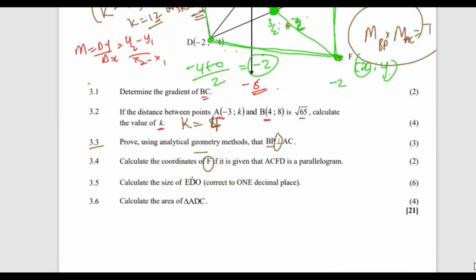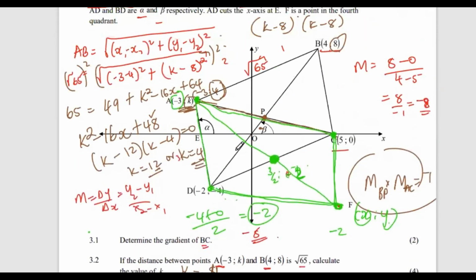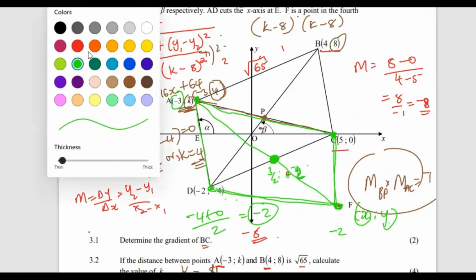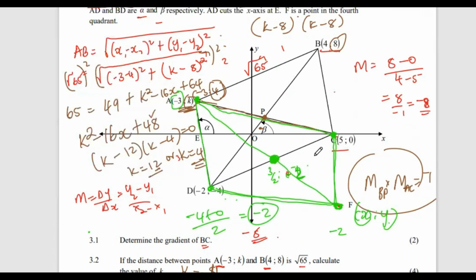3.4 is done. Then they want us to get the size of EDO, correct to 1 decimal place. Where is EDO? Let's change this. This is E. This is D. And this is O. So they want us to get this angle here.